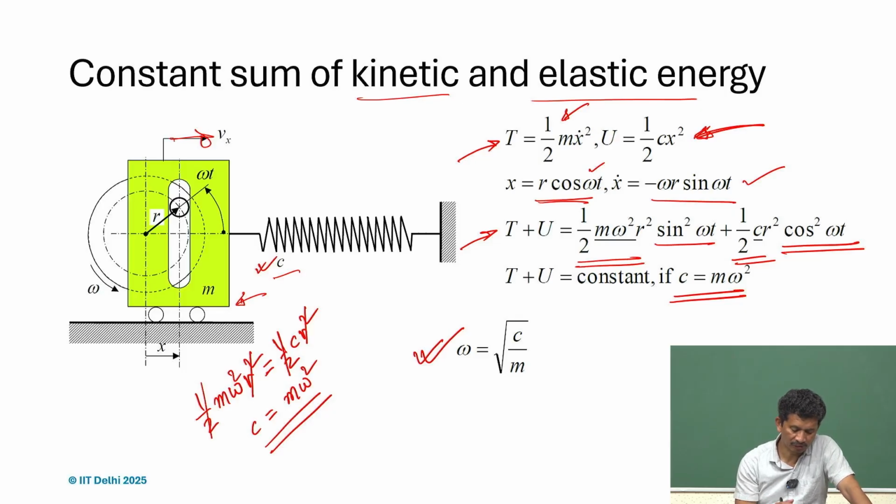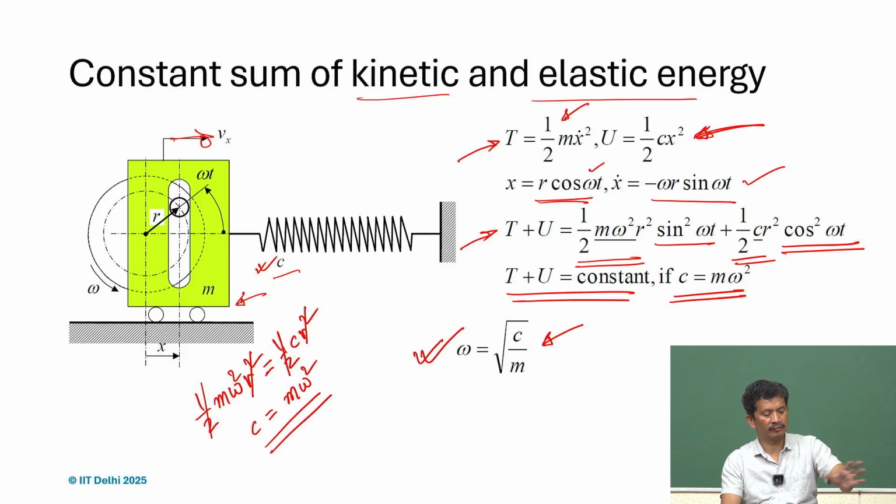We can also relate this to the resonance frequency, the fundamental frequency under root c by m. If that condition is met, we find that T plus U is also constant. So the total energy is always the same.